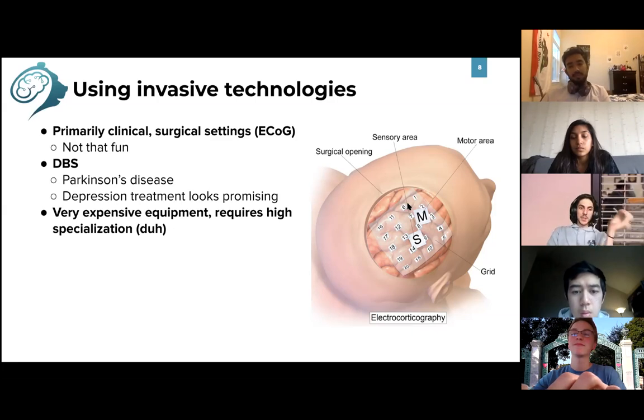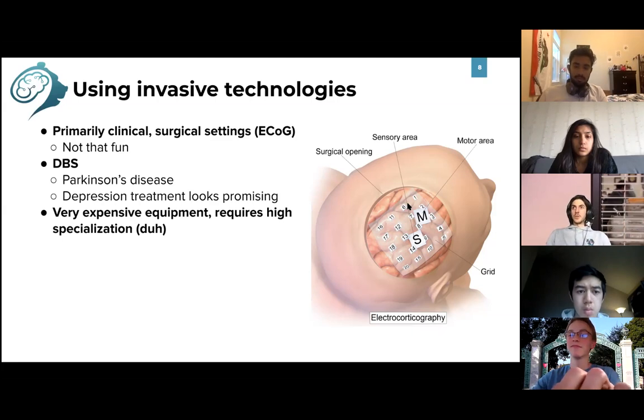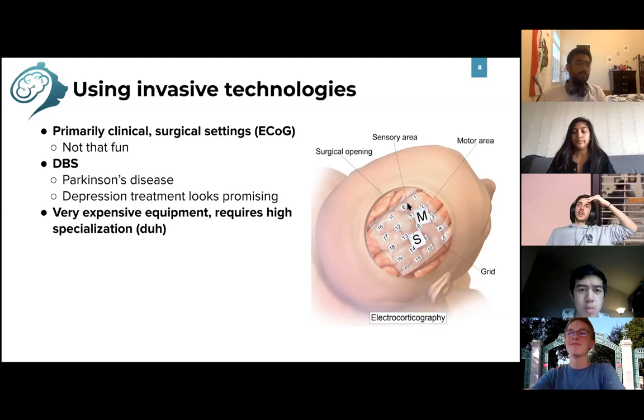Yeah, and there's also DBS, which is deep brain stimulation. There's some cool material online. You can read about DBS and watch some videos of, for instance, Parkinson's patients.